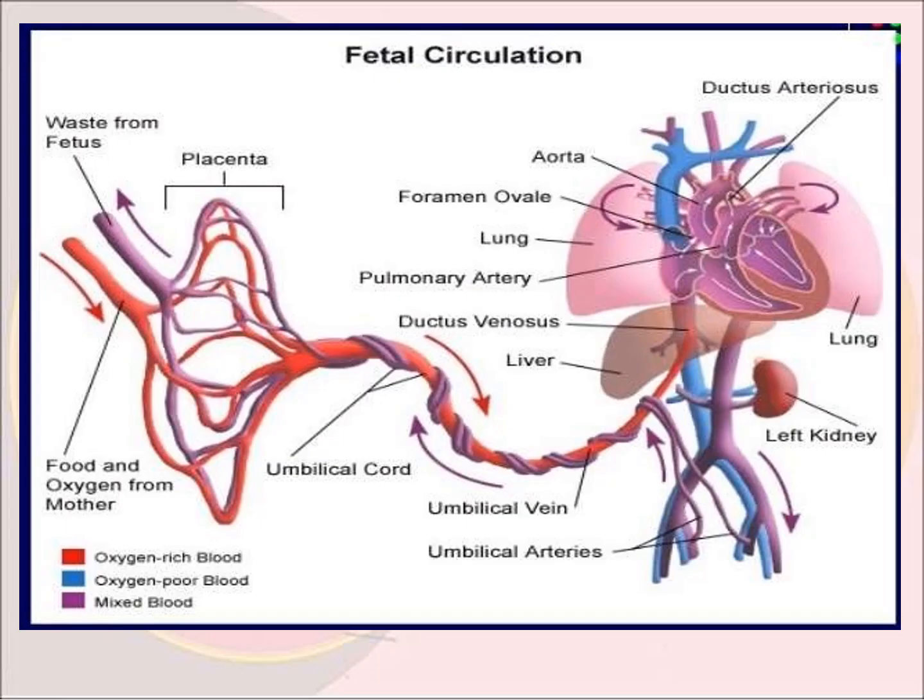See, in this picture, these two umbilical arteries are coming from the fetal body. This is the fetal side, and this is the maternal side. Here the placenta is there. This structure is the umbilical cord.